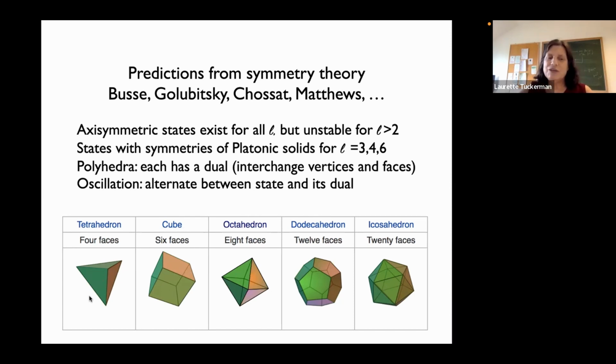The dual of a tetrahedron is another tetrahedron just upside down. The dual of a dodecahedron is an icosahedron. And there the numbers are 12 and 20. 12 faces, 20 vertices. Icosahedron has 20 faces and 12 vertices.